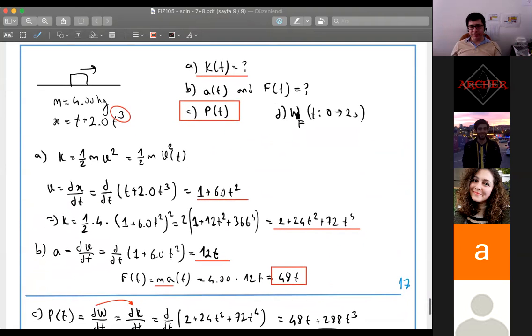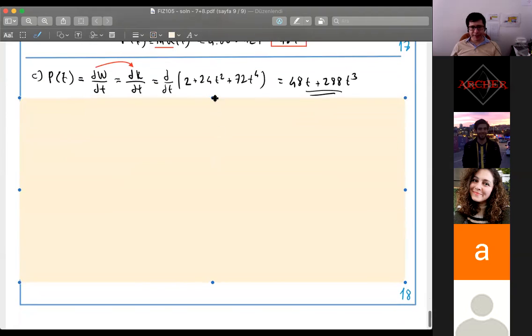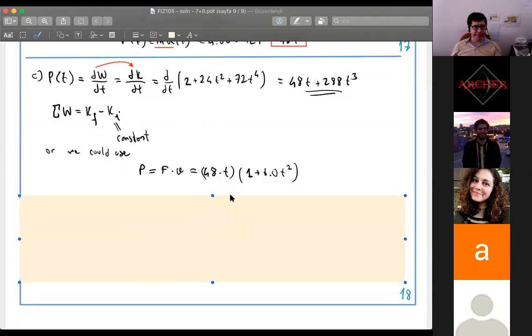Finally, find the work done on this object in this time interval from 0 to 2 seconds. So here we go. Since the work-kinetic energy theorem says that Kf minus Ki, the difference in kinetic energy, is the work done on the object, then this is the second expression I just mentioned.